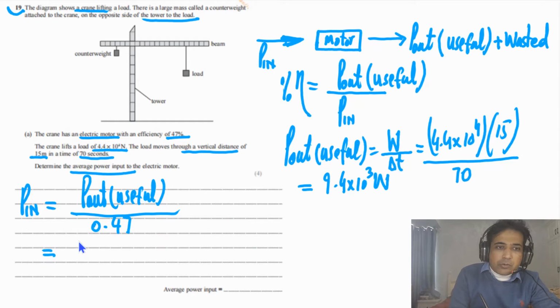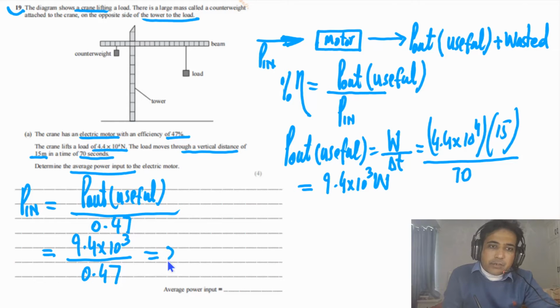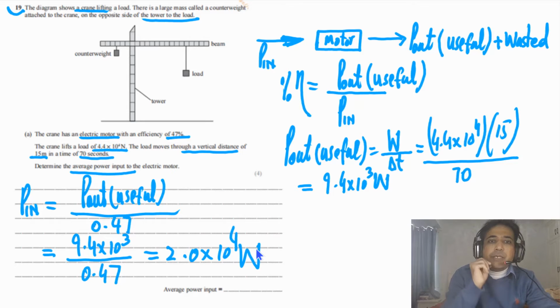So we have P out, that is 9.4 times 10 to 3 divided by 0.47. If we solve this one, we will get 2.0 times 10 to 4 watts. So this is the P in.